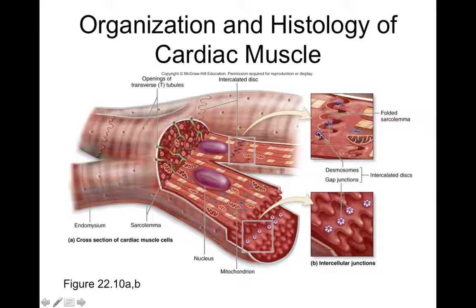Here are the desmosomes that hold these cells really tightly together. And then we also have gap junctions in here, which, remember, are the protein tubes. So why have a bunch of protein tubes connecting each cell together? You got it. Because the electrical impulse spreads from one cardiac muscle cell directly into the next through those protein tubes.